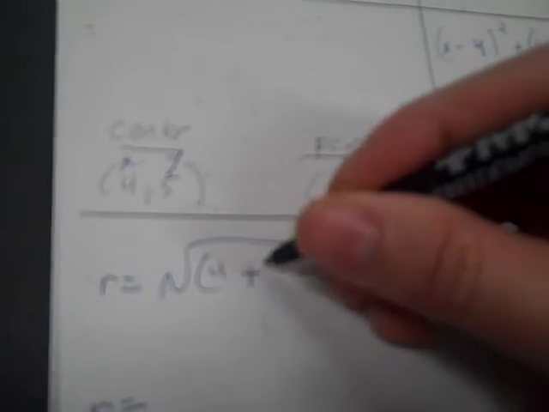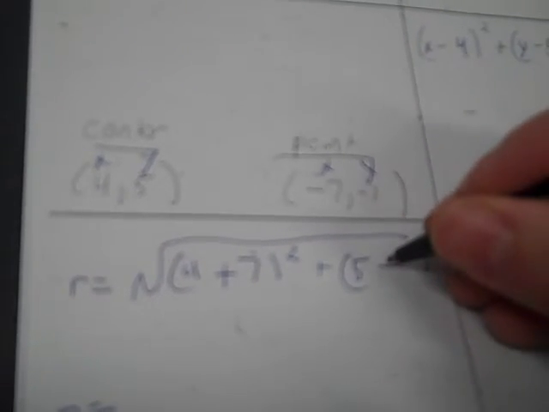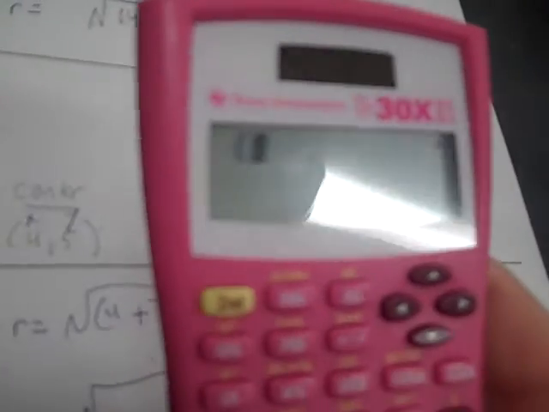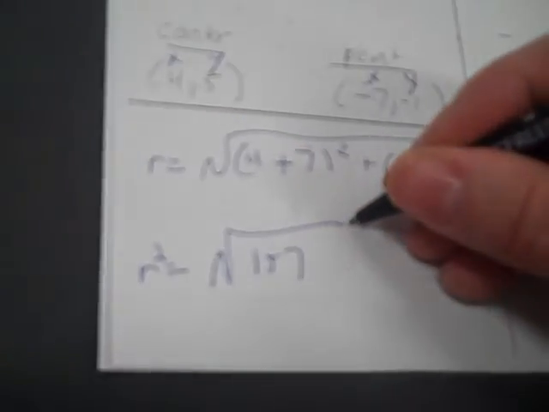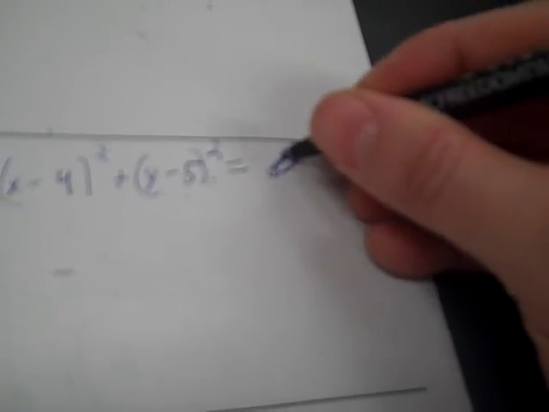So the x is 4 and then -7, so I go +7 with that. And then 5, -1, so it'd be +1. So I'm going to put my square root there. Square root of 157. Now that r is to the second, so if I take that to the second, the square root goes away, and I just have the value 157.